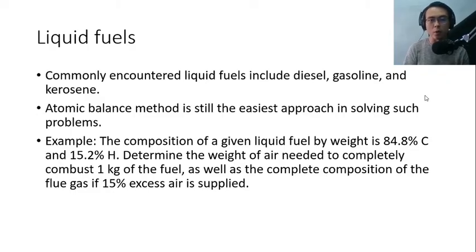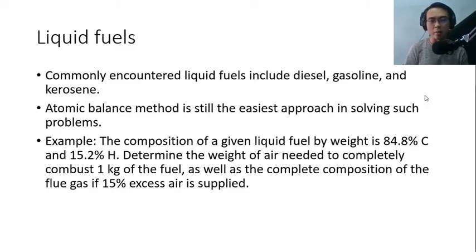There's not much difference between those involving gaseous and liquid fuels. The main difference is that gaseous fuels are normally given in percent by mole composition because it's a gas. For liquid, it's in percent by mass or percent by weight because it's a liquid.